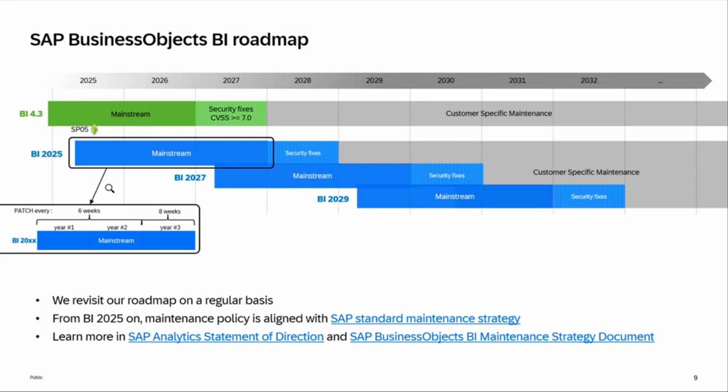The second piece of information is that now all supported versions, starting with 4.3, will benefit from customer-specific maintenance. Okay, this was not the case before. So practically, what it means is that you can choose to stay with 4.3 beyond 2027 with a level of risk, which is that we will not deliver fixes.